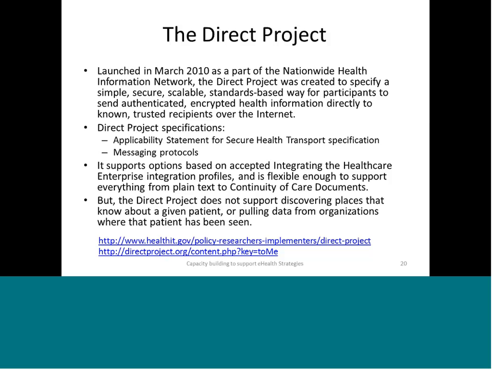If I come into the Direct project hospital and I've been seen previously somewhere else that this hospital doesn't know about, there's no way they'll be able to get any information about me from that place. They'll only get it when they have already set up a direct one-to-one relationship with another hospital.